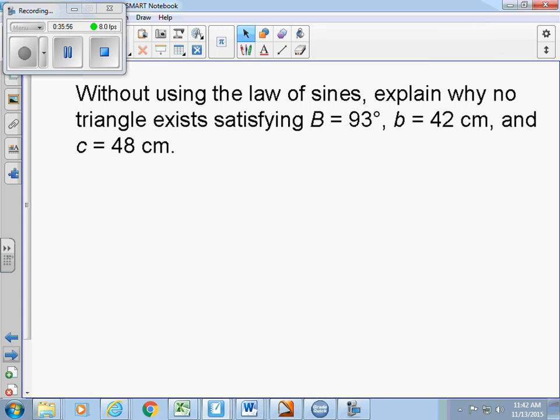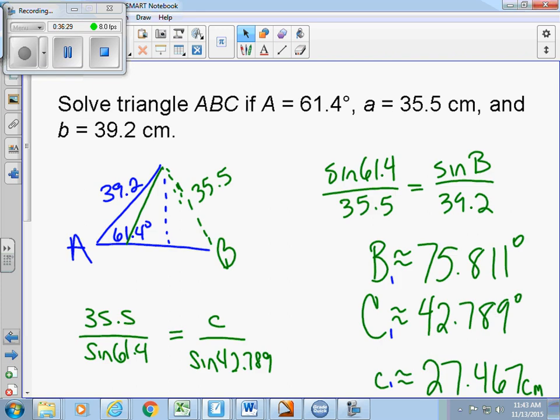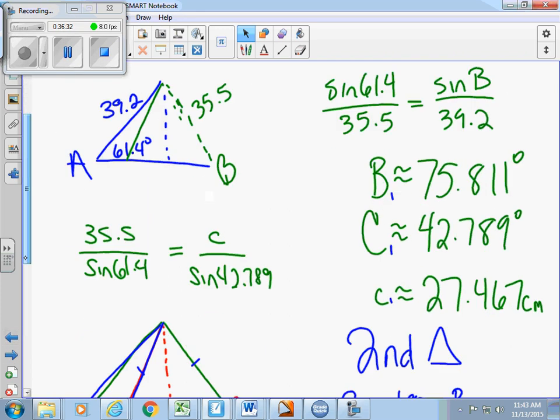It says without using a lot... first of all, and then we'll go up the side.